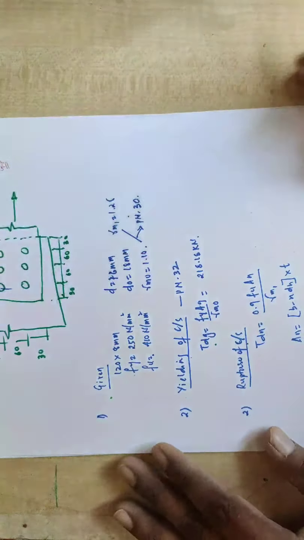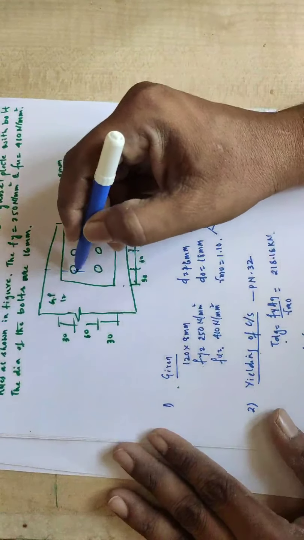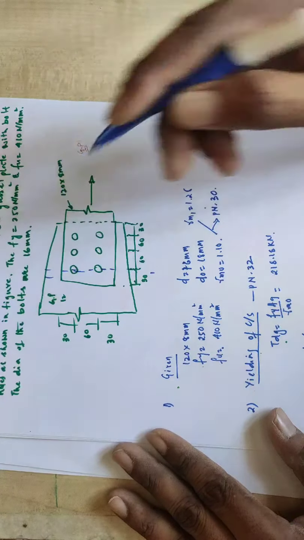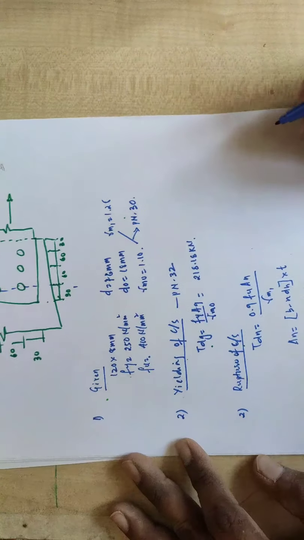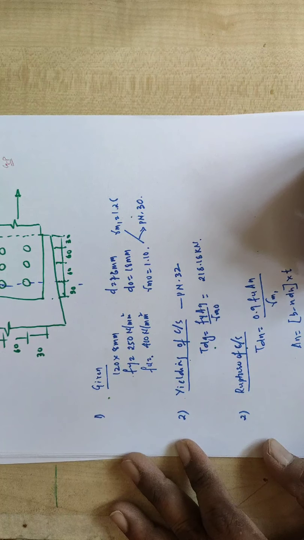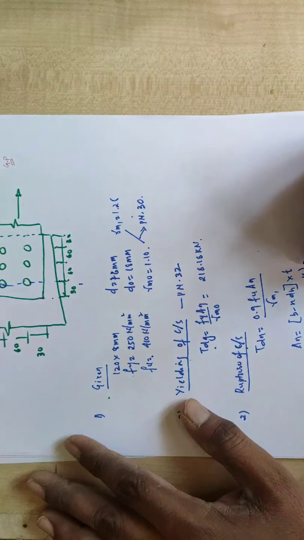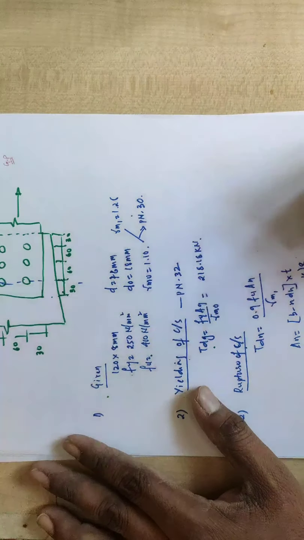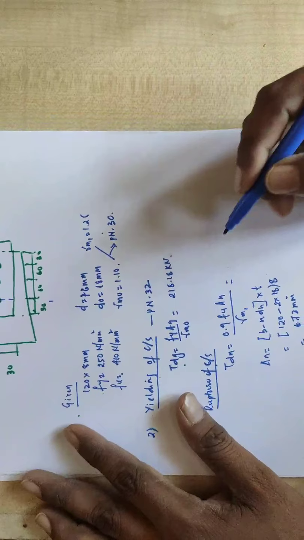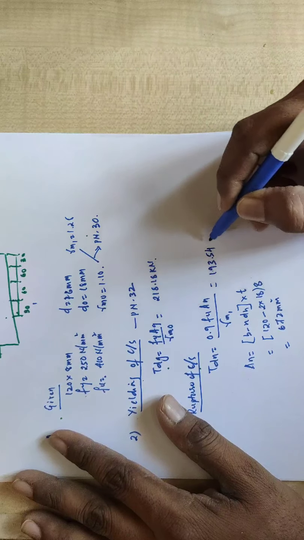If you consider section 1, it consists of only 2 bolts, so we take 2 into 18, and the thickness of the plate is 8 mm, the minimum of 8 and 12. The value we get is 672 mm square. Substituting this value, you get the Tdn value as 193.54 kilonewton.